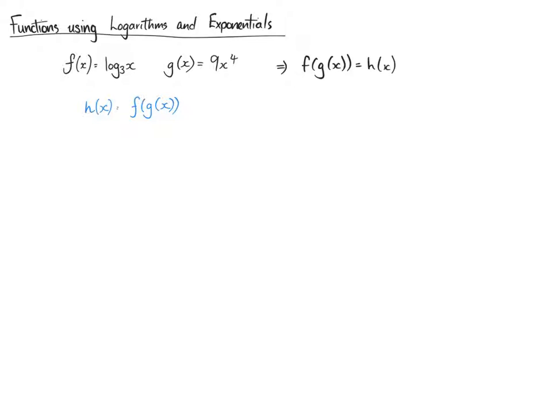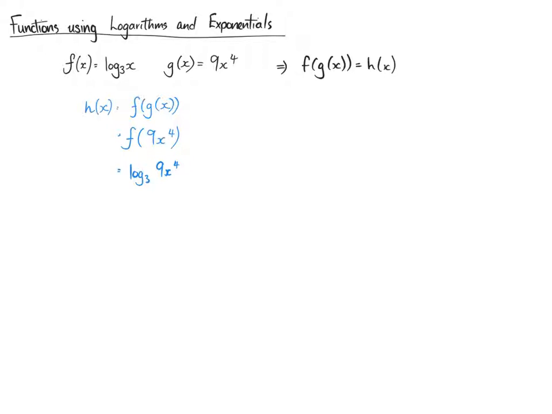So that means that we're putting g of x into the function f. So into the function of f of x, we're putting 9x to the power of 4. Okay, so that means we've got log to the base 3, and then where our x is, we put in that g of x function. So we get 9x to the power of 4.